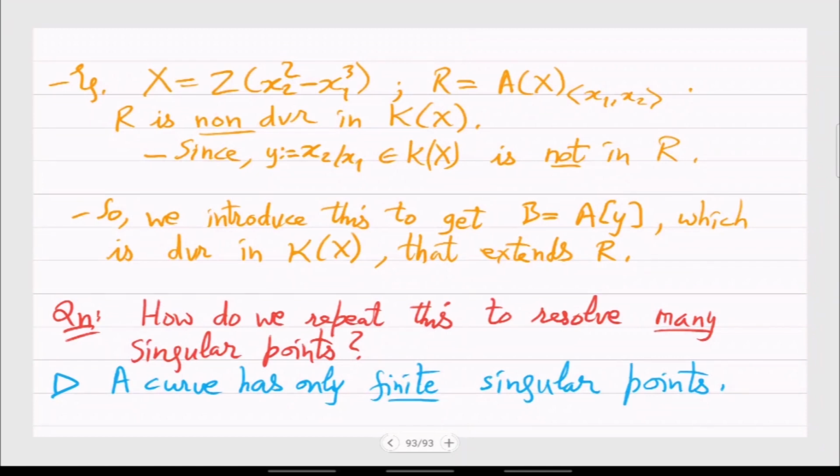For that you have to go to the comparison results we had, comparing the tangent space with the rank of the partial derivative matrix, right? So the first order derivative matrix of the generators of your curve, that is the constraint.